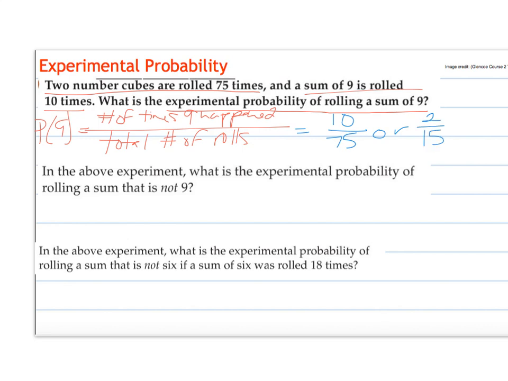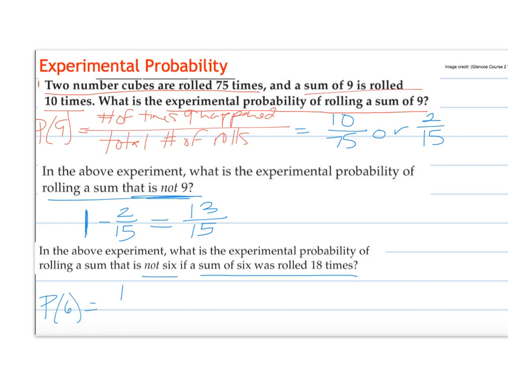In the experiment here, what is the experimental probability that the sum is not 9? Remember that complementary event. We take 100% of the rolls, or one whole, minus the number of times that did happen, which gives us the number of times that it did not happen. So that means 13 rolls out of every 15 did not have a sum of 9. For the next one, what would the experimental probability be of rolling a sum that is not 6 if the sum of 6 was rolled 18 times? The probability of 6 is 18 out of those 75 times.